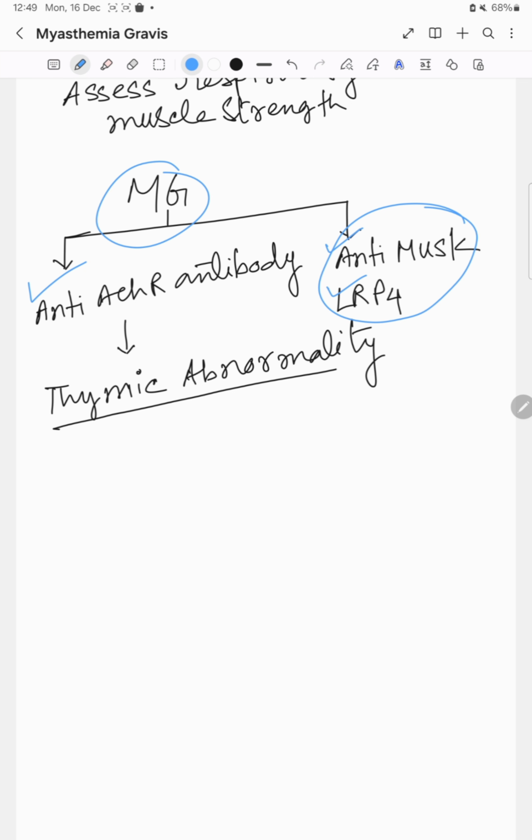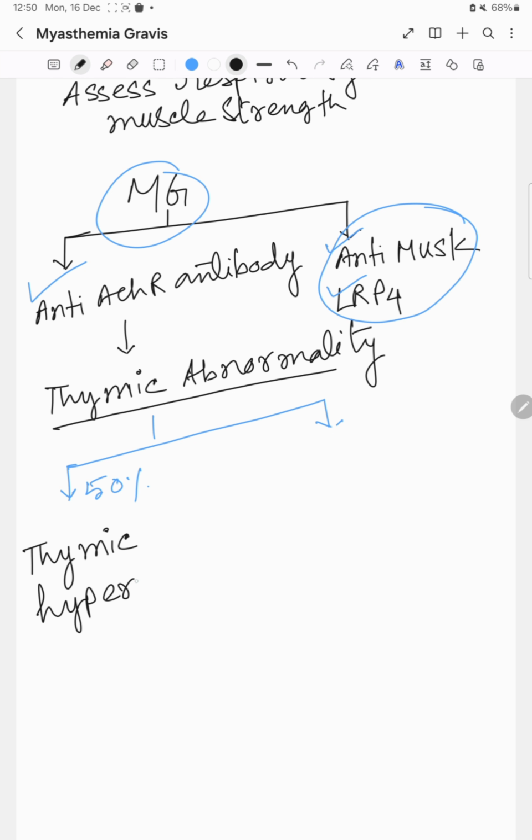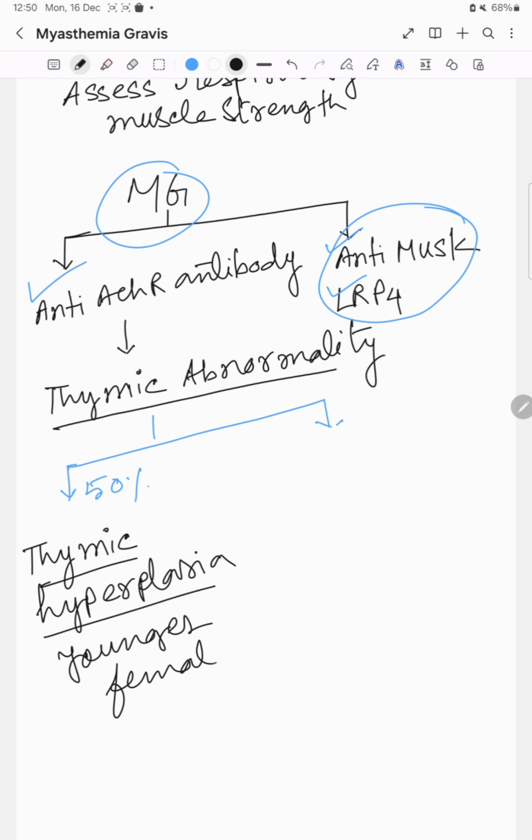Is it clear? Thymic abnormality is also seen in two kinds of people. In 50% of cases it is thymic hyperplasia, and in thymic hyperplasia we only see the thymic abnormality, and it occurs in younger females.